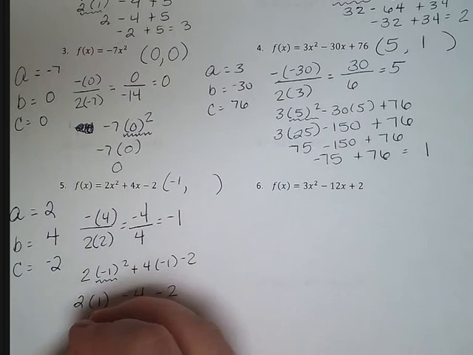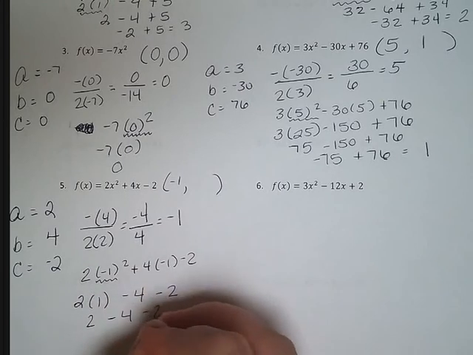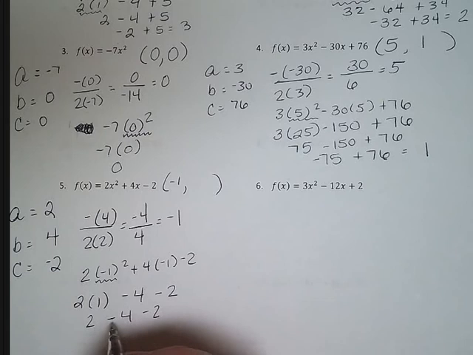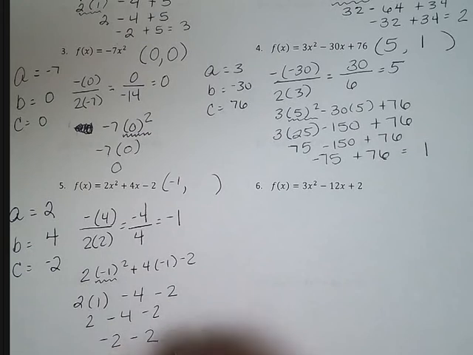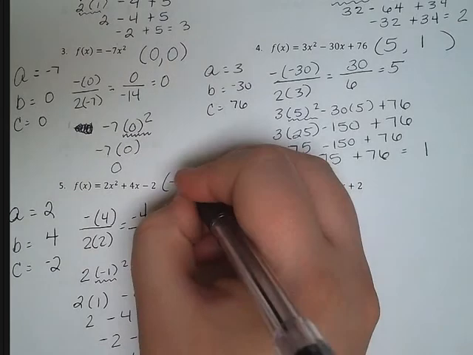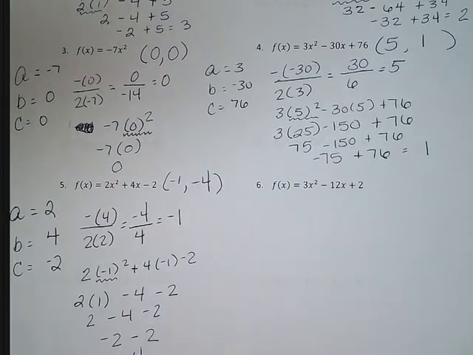And 2 times 1 is 2. So 2 minus 4 is negative 2. And negative 2 minus 2 is negative 4. So on number 5, our vertex is negative 1, negative 4.